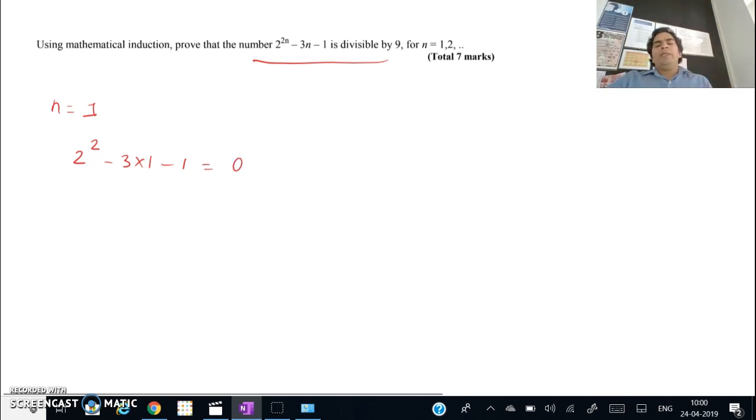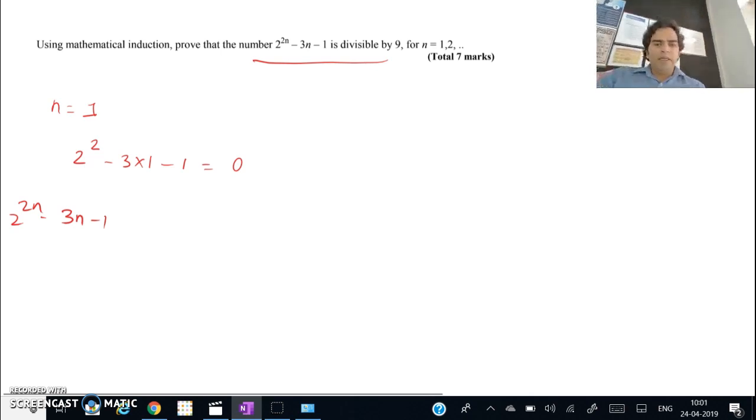Whenever there is a divisibility question, we always use the fact that if it is divisible, the number that you get is a multiple of the divisor. For example, if 2 to the power 2n minus 3n minus 1 is divisible by 9, this must be an integer multiple of 9.